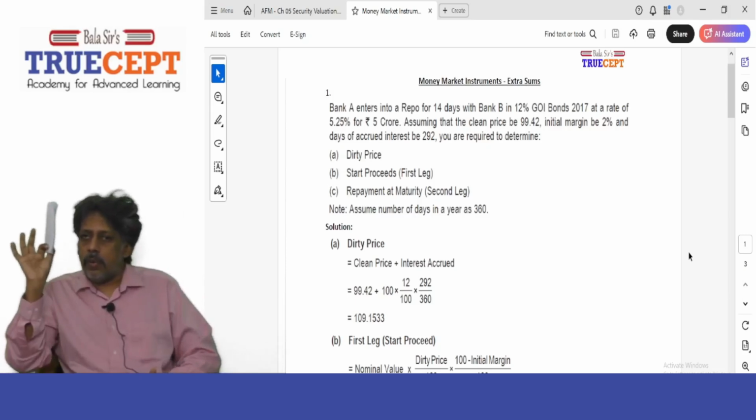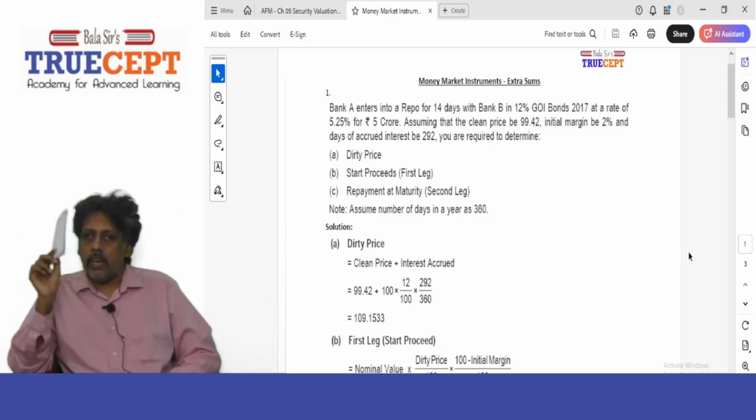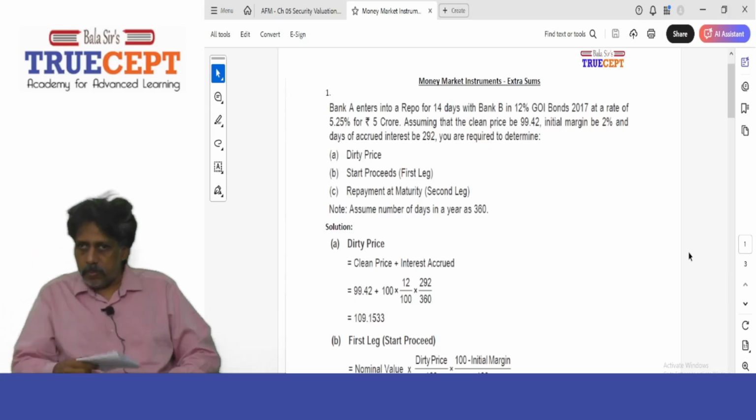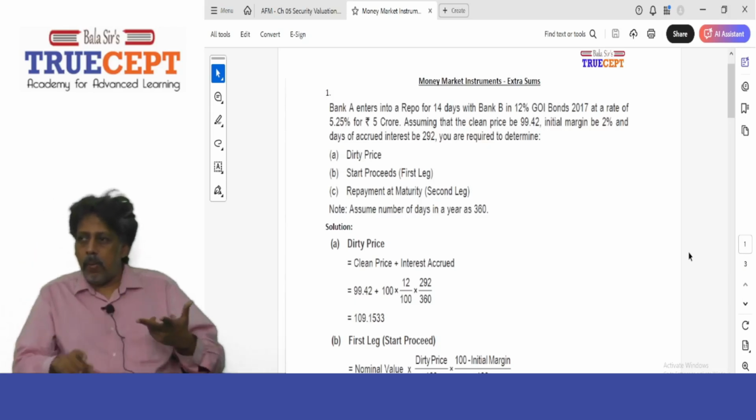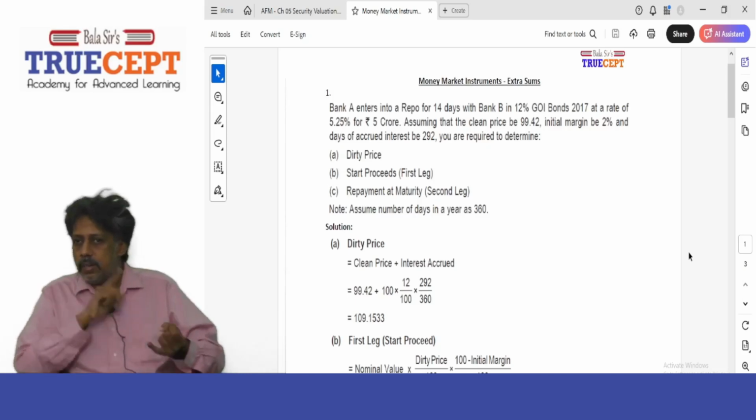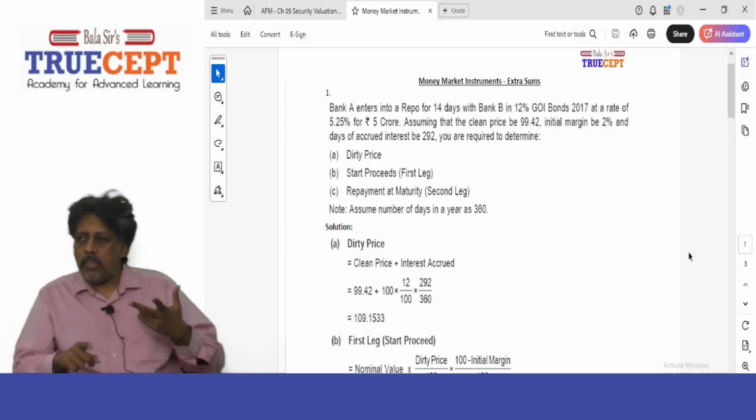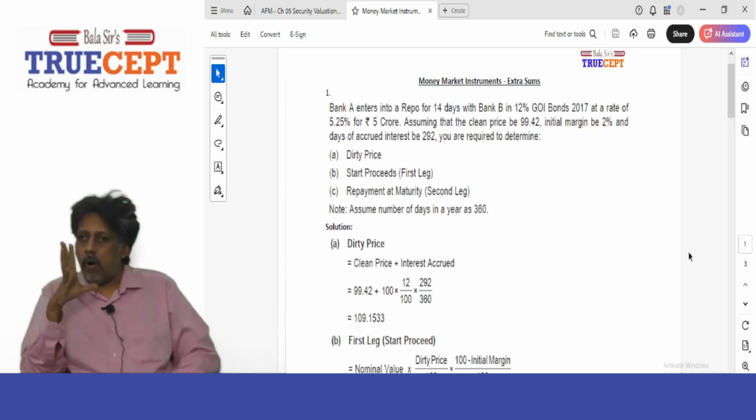And what is the face value given? Rupees 5 crore worth of bonds, right? Now face value per bond is not given, assumed 100. Now what is rupees 5 crore by 100? That means there are 5 lakh bonds. Banker A is ready to sell 5 lakh bonds.